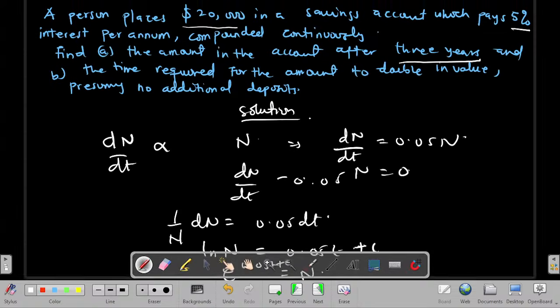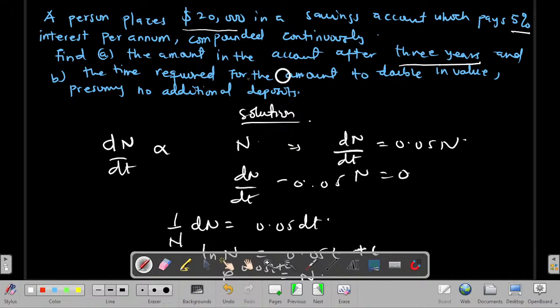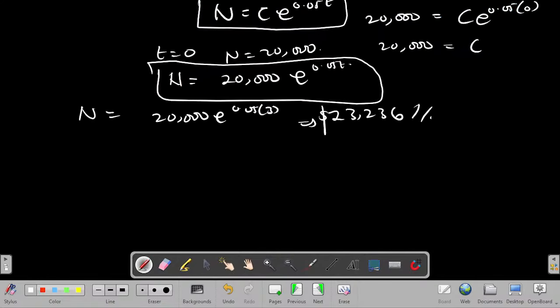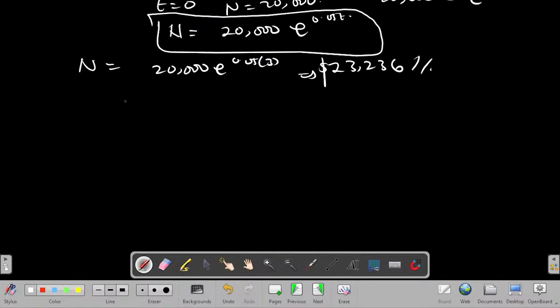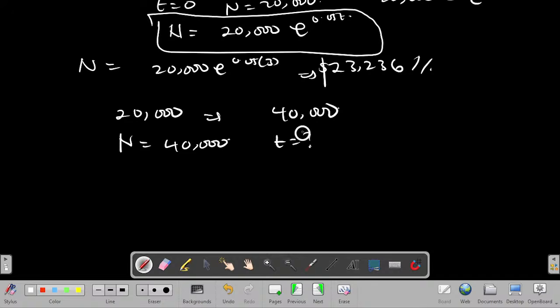It says find the time required for the amount to double in value, assuming there are no additional deposits. For the amount to double in value, meaning that our amount should be equal to 2 times the initial amount, which should be 40,000, because there wouldn't be any additional deposits. Therefore, n is equal to 40,000 at t, which we don't know, and we need to find t, right?